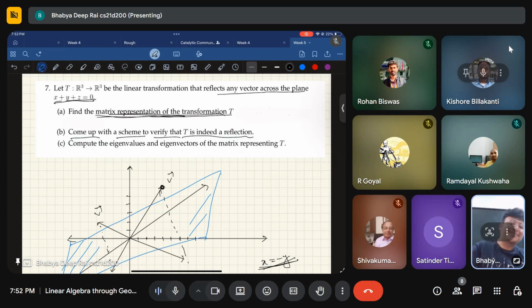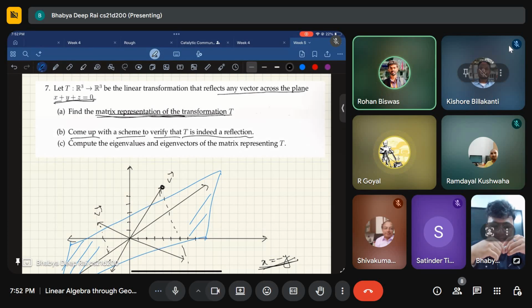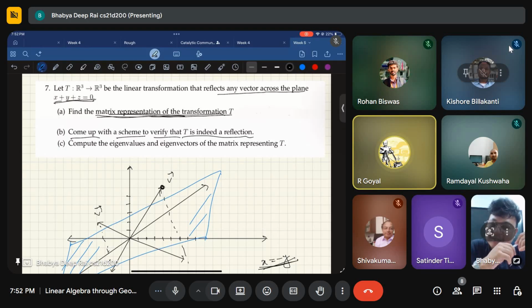It could be across whatever plane, across whatever line, whatever. You just need to check whether the matrix is doing a reflection. It's a very relaxed condition. You don't need to go through that. Well, if you relax it, one of the coordinates should become minus.